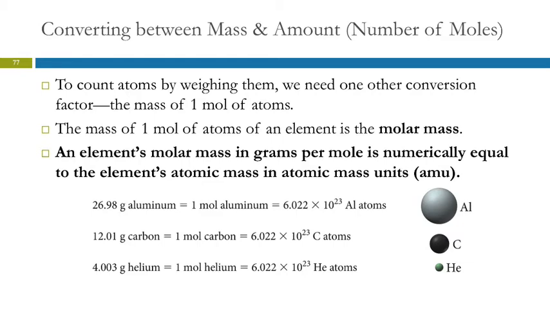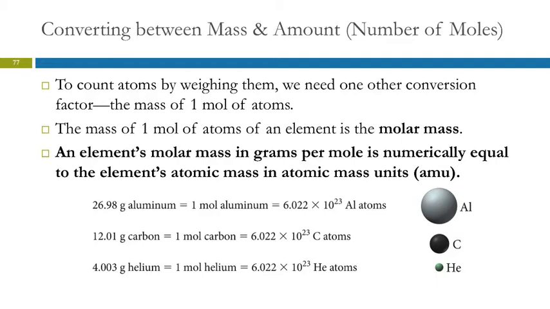So counting atoms by weighing them, we need one more thing. We need the mass of 1 mole of atoms. For carbon-12, that's 12. But carbon has several other isotopes, and the element's atomic mass was in atomic mass units.